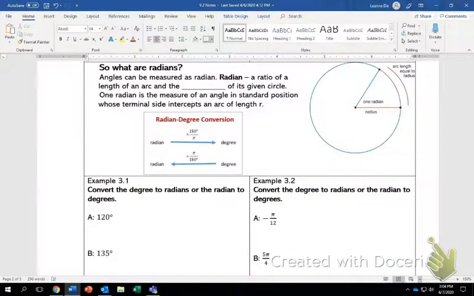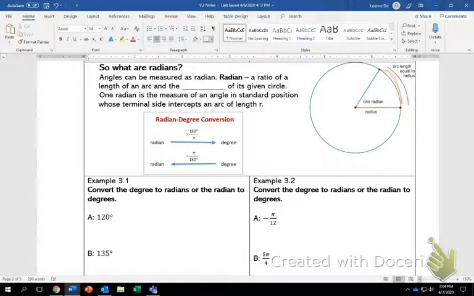So the other thing from geometry that we learned was that we can convert our degrees into radians. And so the question is, what are radians? Well, as I said, angles can be measured as radians, but a radian is a ratio of the length of an arc. Our length of our arc is going to be right here.